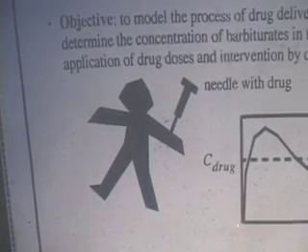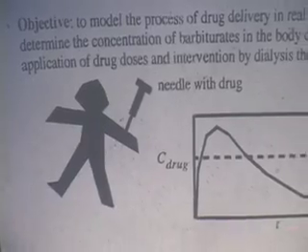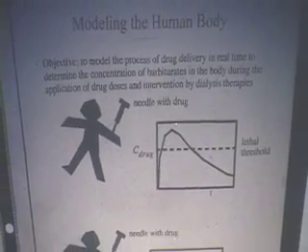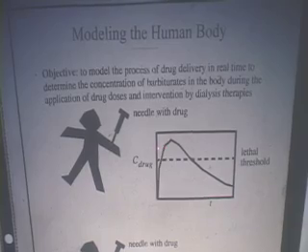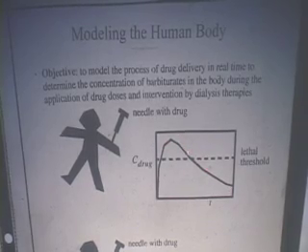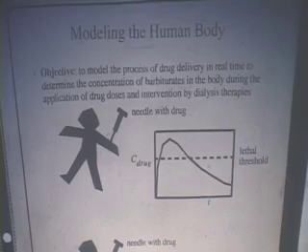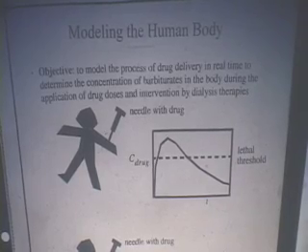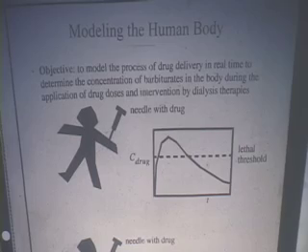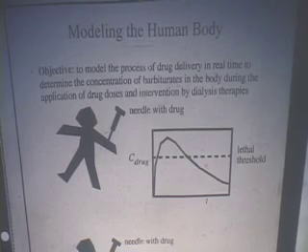And of course, the concentration of the drug with respect to time will rise in your blood or plasma. And then it drops. And it drops because either it is being metabolized or you excrete it.